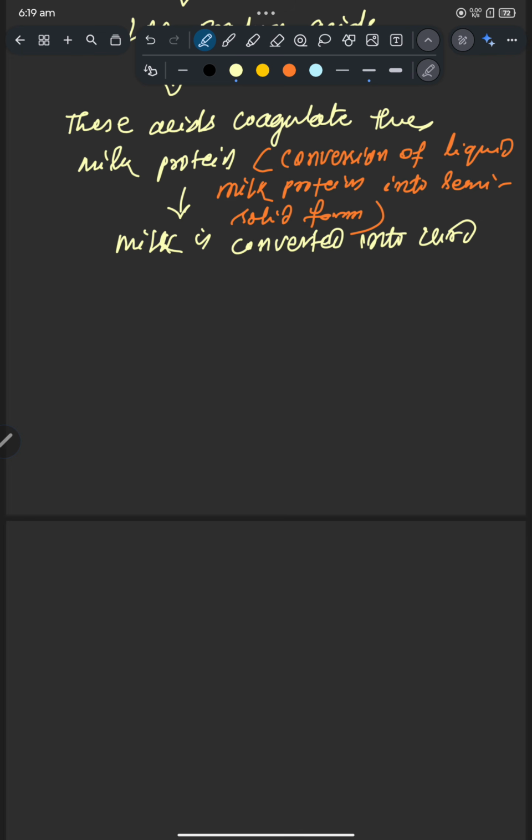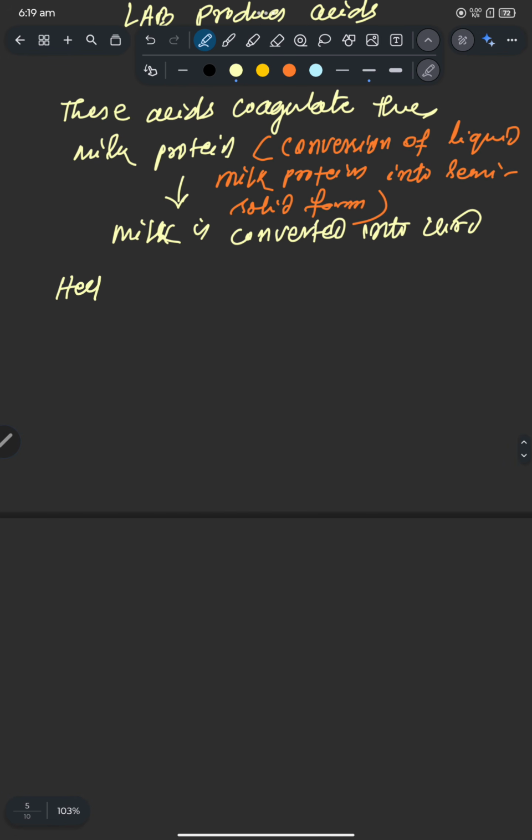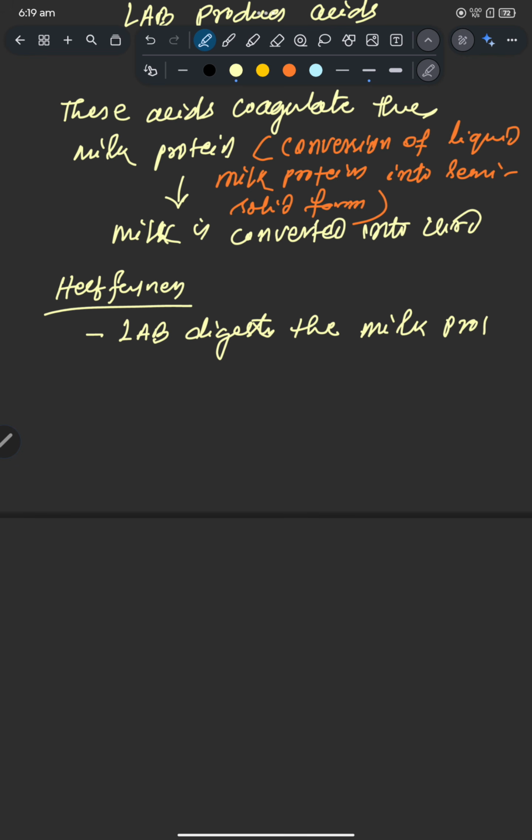So, helpfulness: LAB digests the milk protein partially, and this increases digestibility.